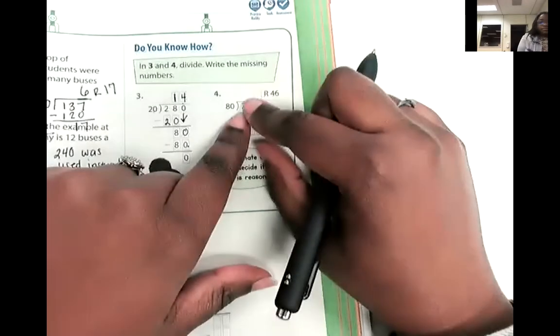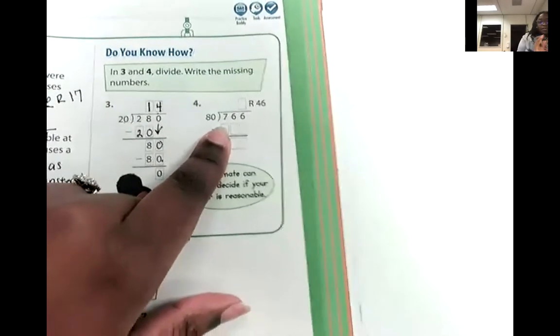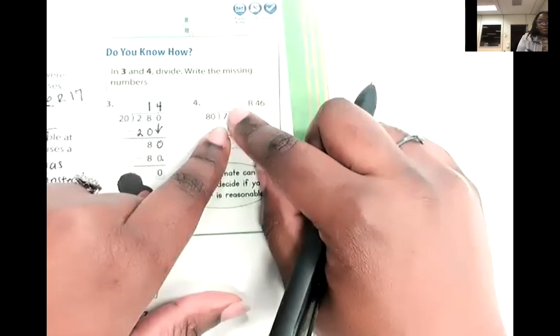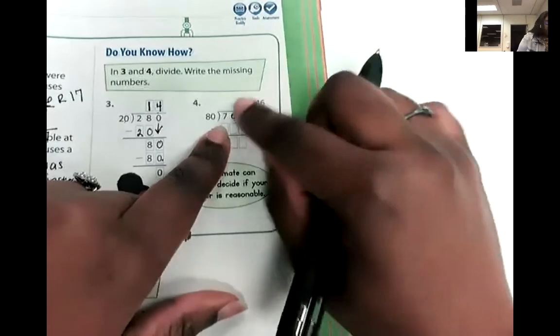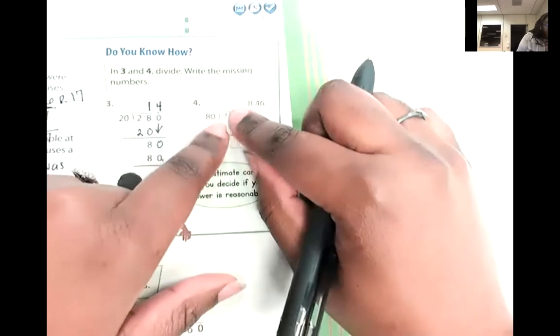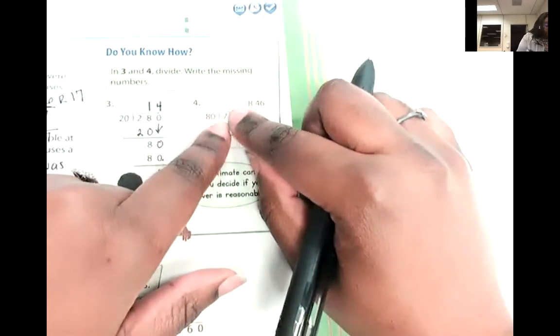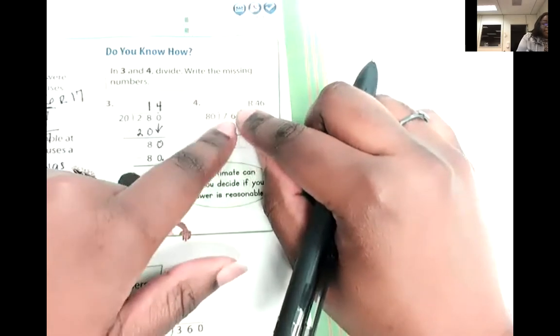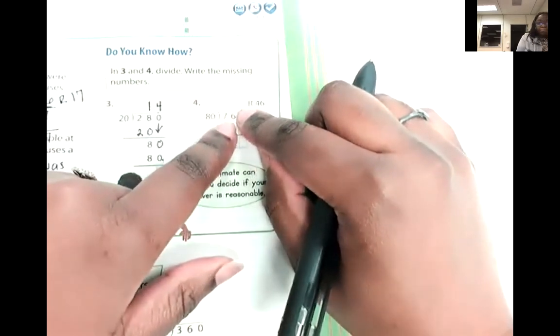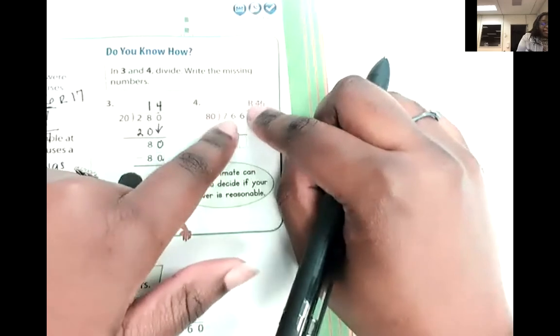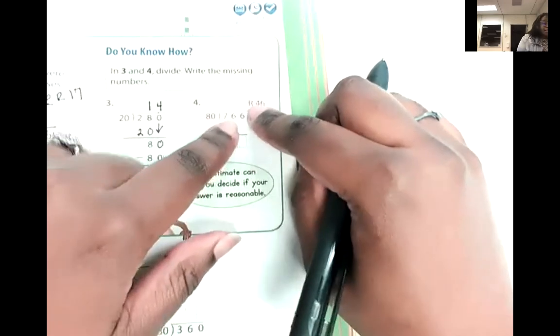Same thing here. We're going to start off by covering each number up. Let's see if I can fix this a little bit. That might be able to help. Okay. Can 80 go into 7? Mm-mm. Can 80 go into 76? Mm-mm. But 80 can go into 766.